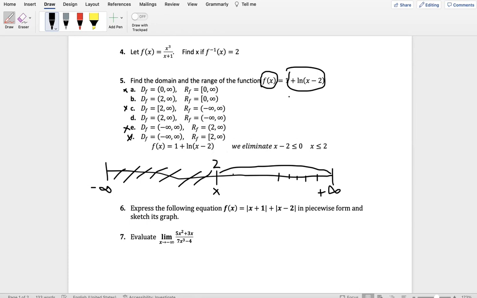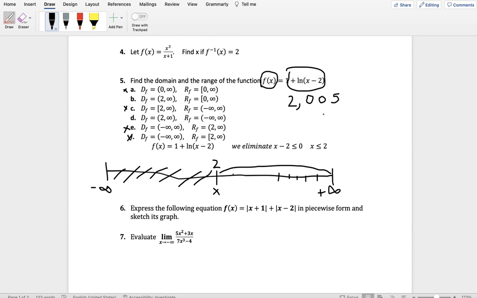So if you take 2 points, because remember we're excluding 2, so if you take 2.005, for example, that is not equal to 2. So you can plug it into this. But now when you plug it into that, you have ln of 2.005 minus 2, which gives you ln of 0.005, right?